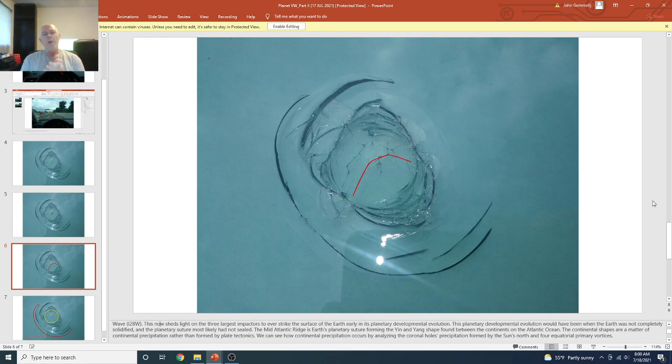And so the continent, by centrifugal force, begins to come down and rain down like virga from clouds. And then as it's raining down, the primary vortices take it into a spin and curl it. And this is how you end up with the yin and yang curling of the suture.